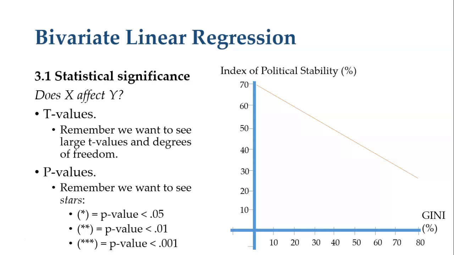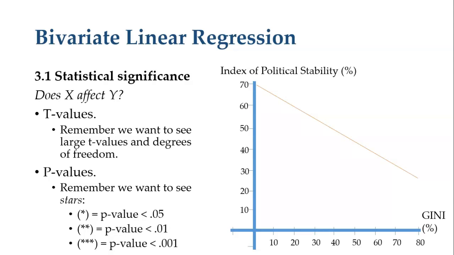And similar to what happened in the past with the t-test and with the other significance tests, we need to examine the t-values and the p-values of our results. And remember that we want to have large t-values and degrees of freedom and very small p-values.